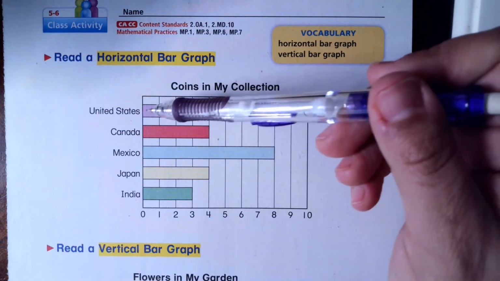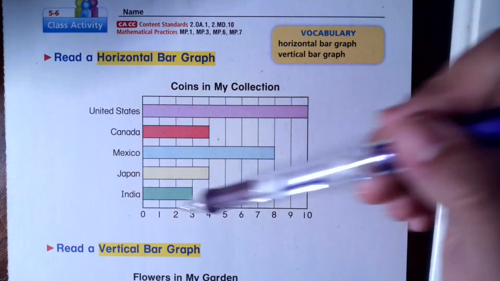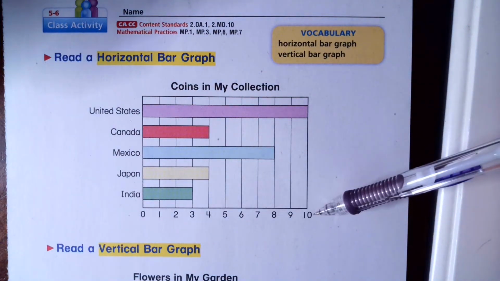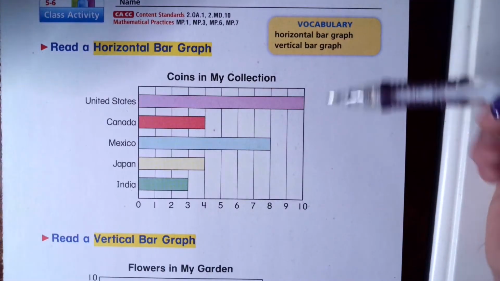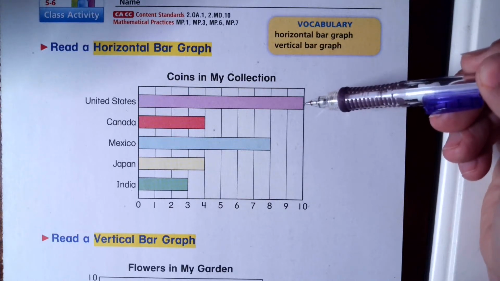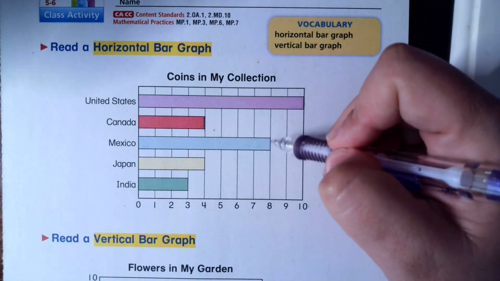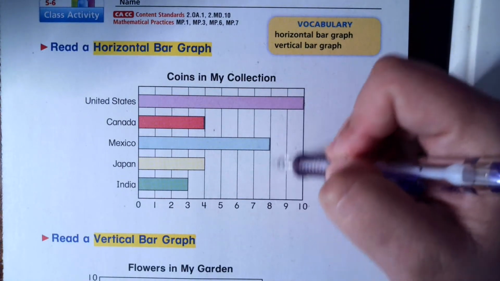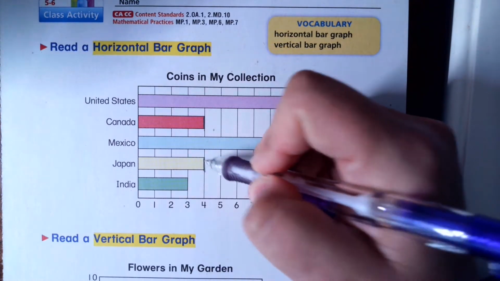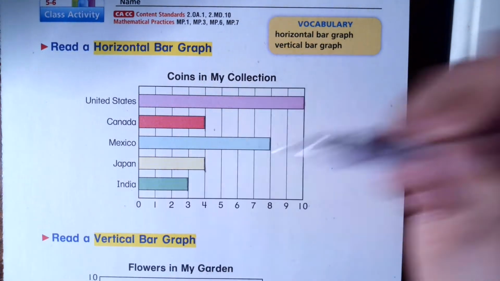And then I know that my horizontal bars are going across, which means that my numbers are on the bottom. So I know that if I look at my United States bar, that has 10. Canada, I have 4. Mexico, I have 8. Japan, I have 4. And India, I have 3.